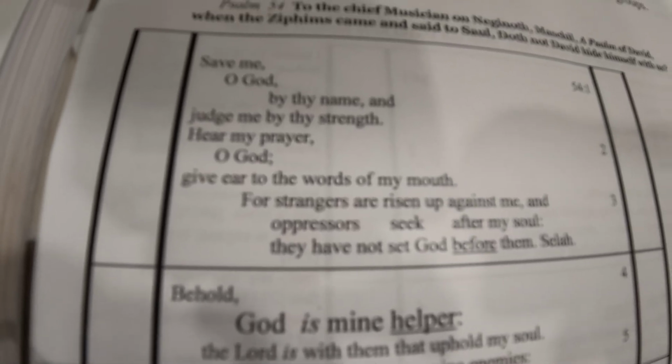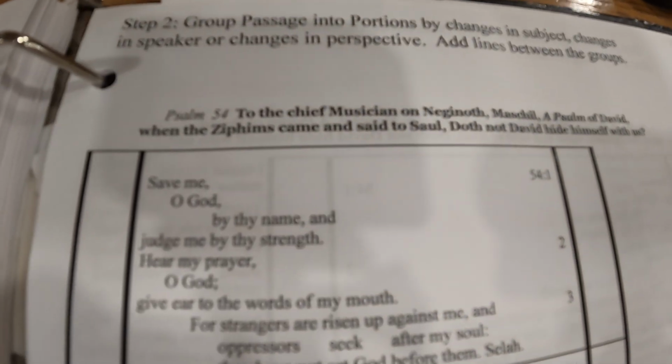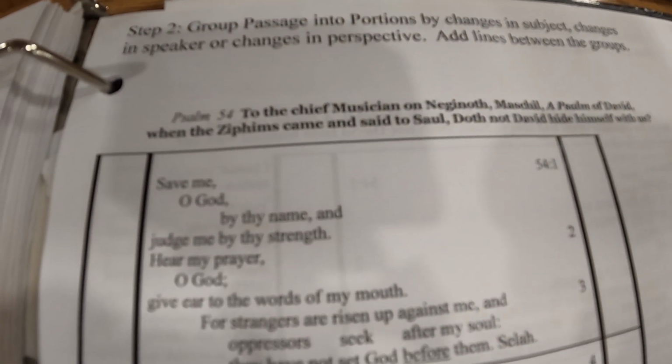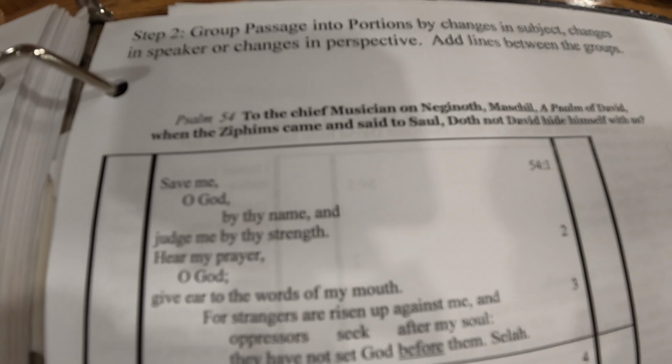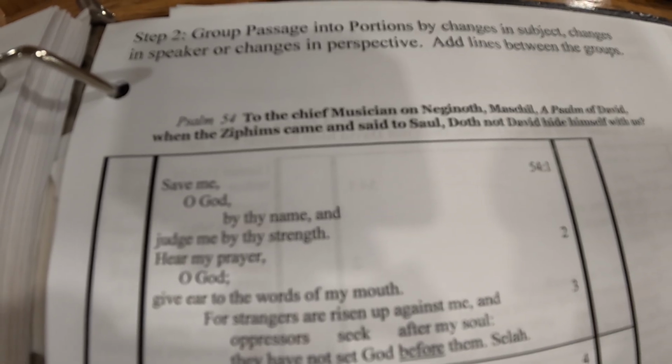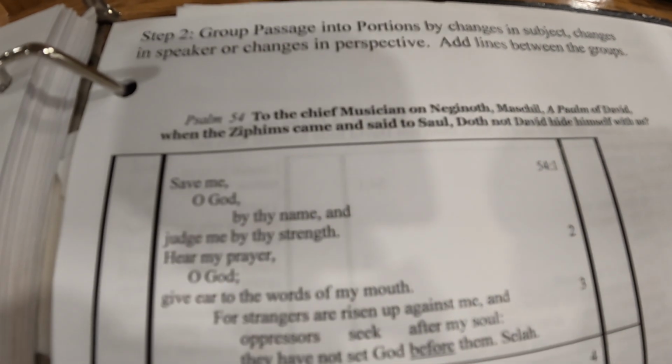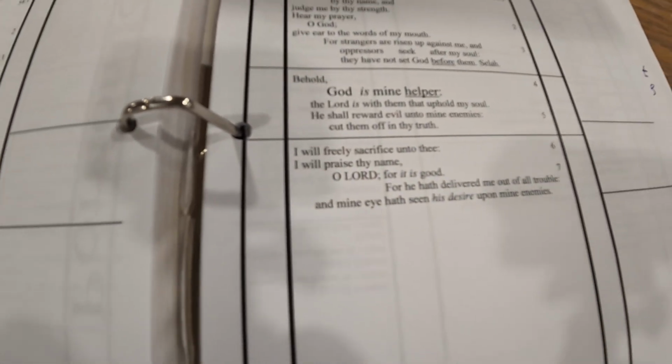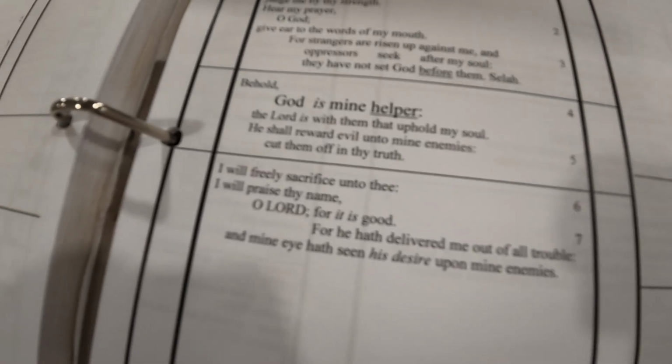The reason for that is because we have a major portion and a minor portion. The major portion all goes together on a big idea. The big idea comes in much later in these steps. But the minor portion means, within this passage we're working on, in this case Psalm 54, the major portion is the whole psalm.